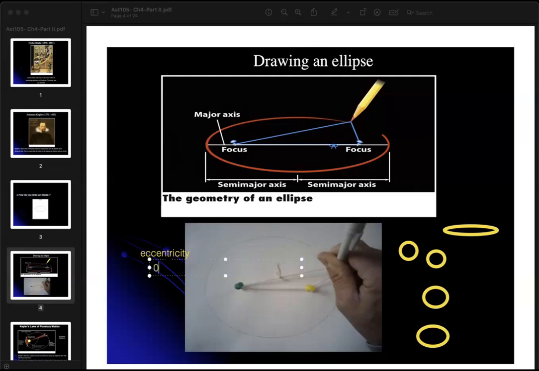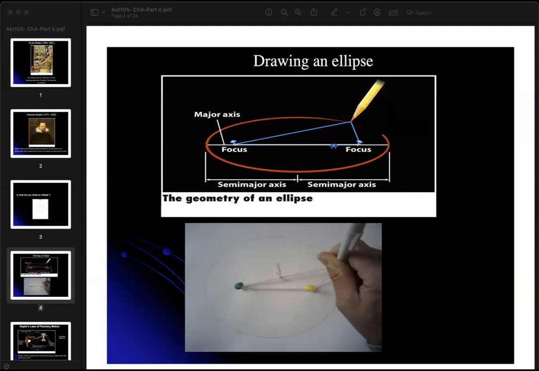And its value goes from 0 to 1. So what he said was that the orbits of planets are ellipses and not circles.